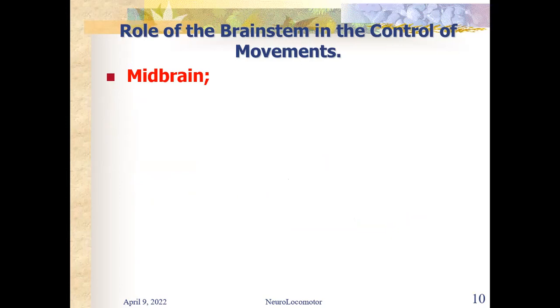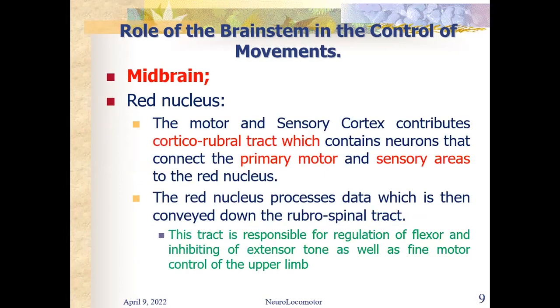Knowing fully well the function of the red nucleus, that it gives rise to the rubrospinal tract, and the rubrospinal tract is responsible for regulation of flexor and inhibition of extensor muscle tone, as well as fine motor control of the upper limb.